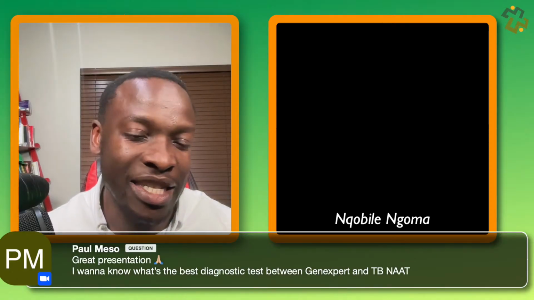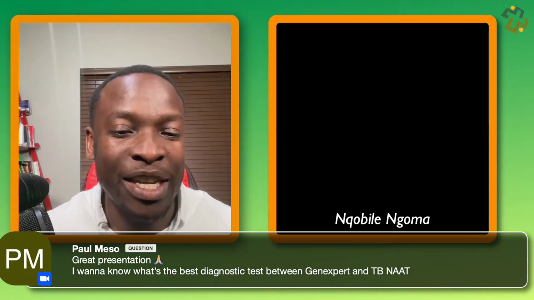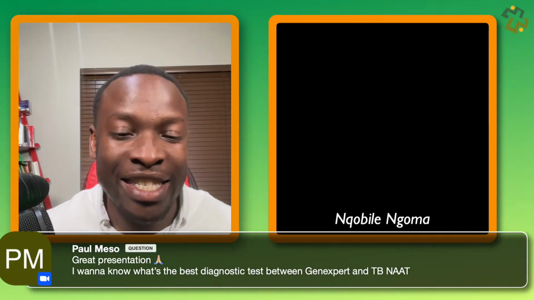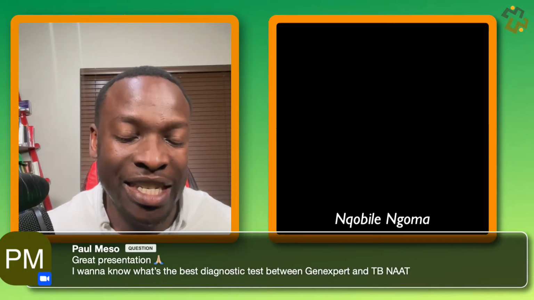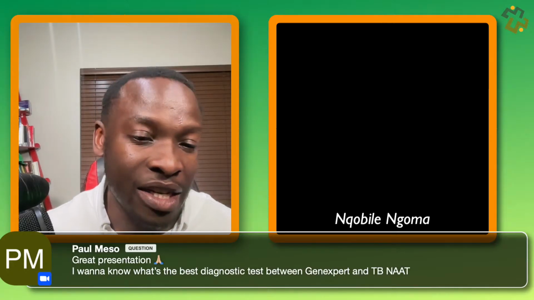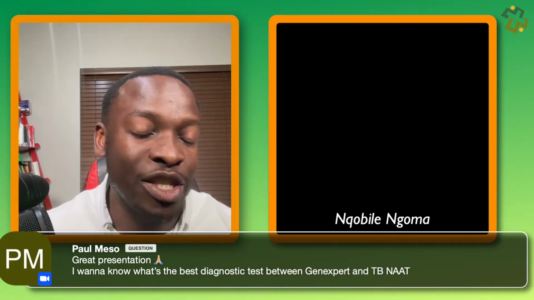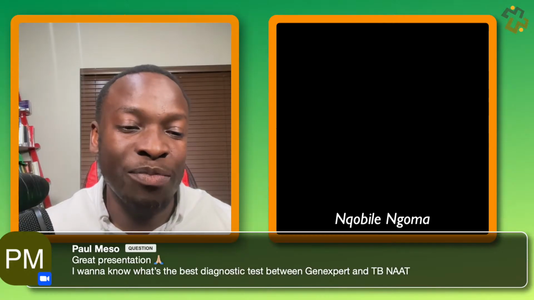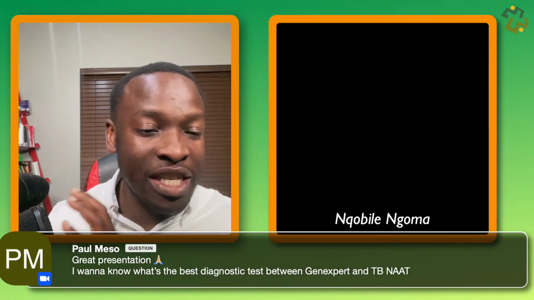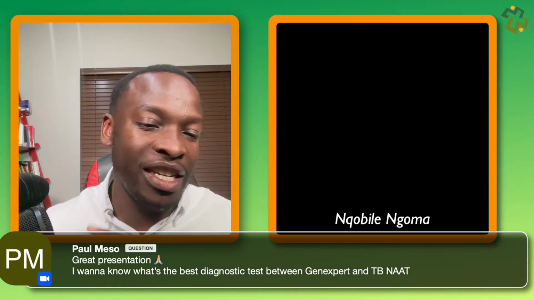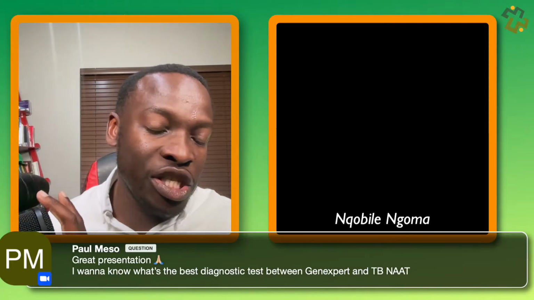And I think Ungwabile has explained it very nicely: TB nucleic acid amplification test. These are DNA PCR tests, really, like any other PCR test out there. There are three types of machines: your GeneXpert machine, your BD Max, and your Roche.